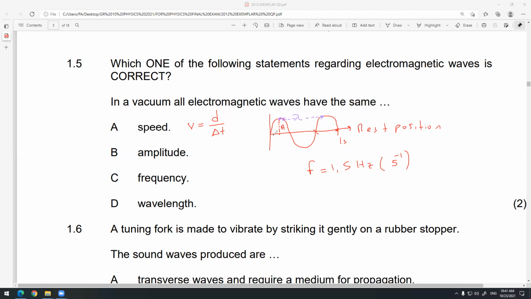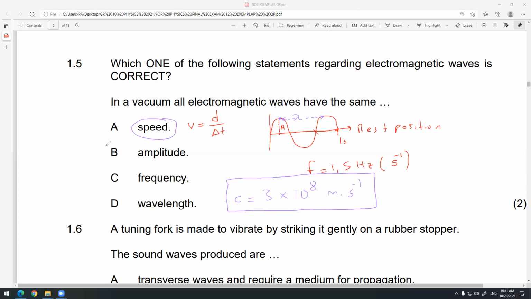Sometimes you can have different amplitude, different frequency. Of course, in 1 second you can have a different number of waves. Wavelengths can be different, but speed is always the same. For electromagnetic waves, using the speed of light, c equals 3 times 10 to the power of 8 meters per second. Okay, speed is the same for all electromagnetic waves. Please remember that. Speed is constant for all electromagnetic waves.